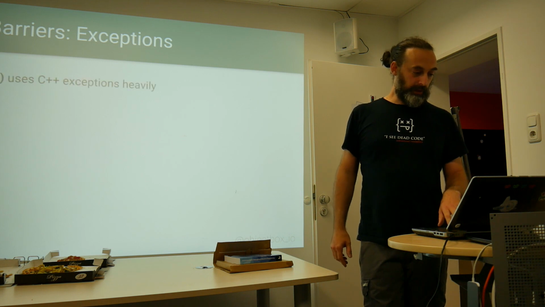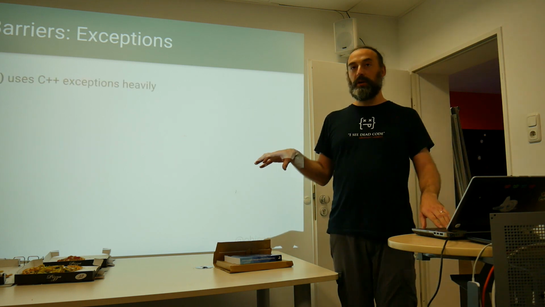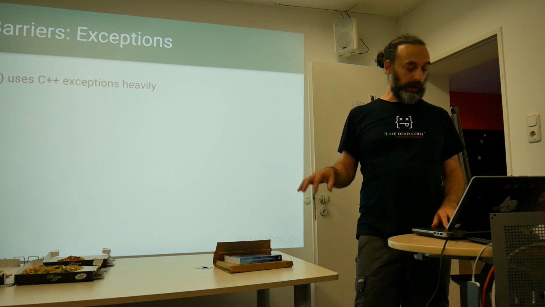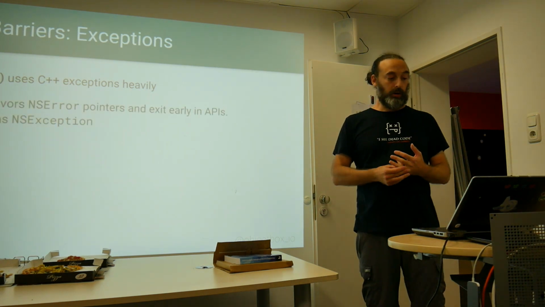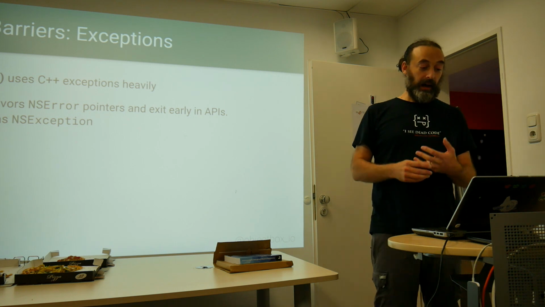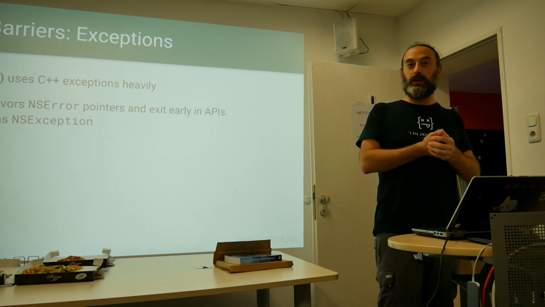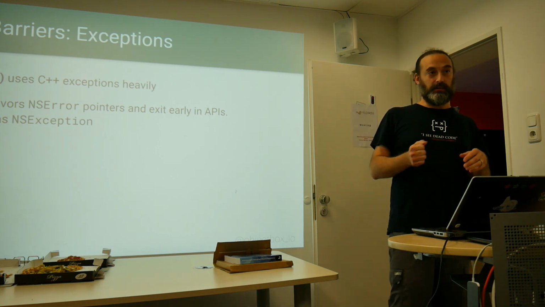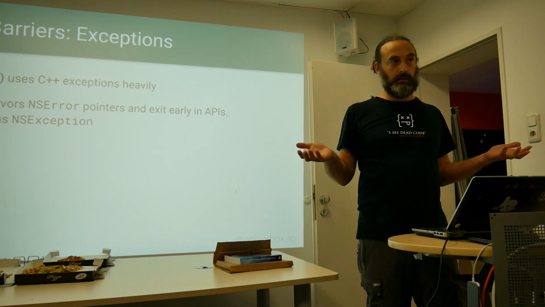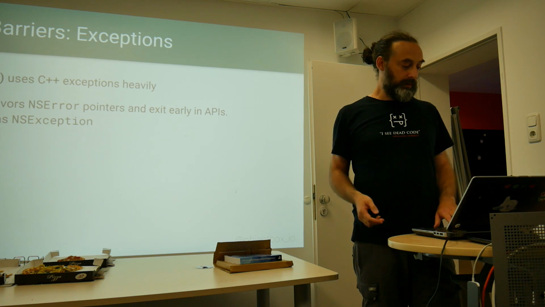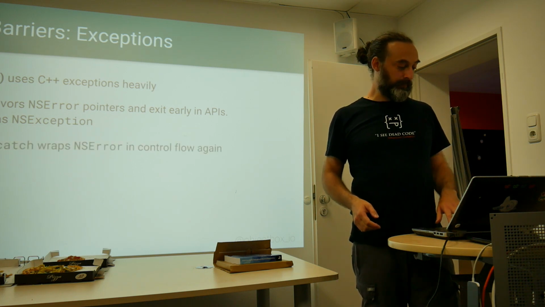Also, exceptions were another challenge because our core product uses those a lot. And as you may know, in Objective-C, the connotation of exception is totally different. There's nothing that you catch. It's when your app dies. So it's done with NSError.